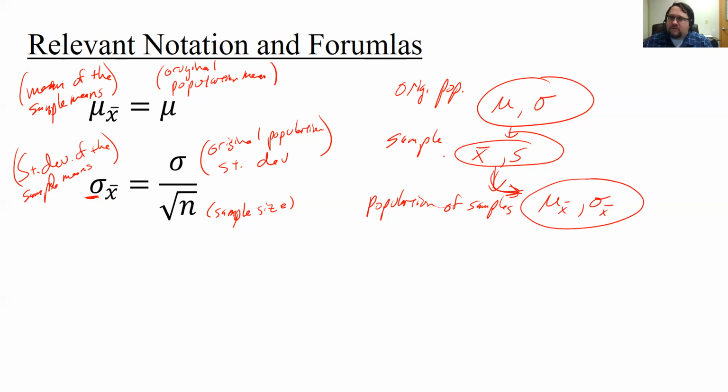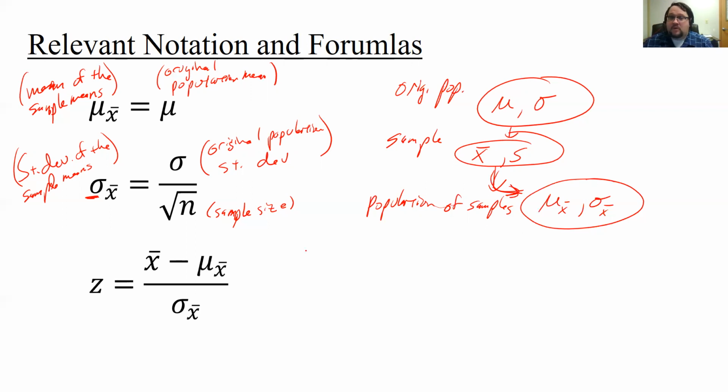So each individual sample has its own mean and its own standard deviation, but this is the standard deviation of all of them grouped together as a population. That's why we're using sigma there.